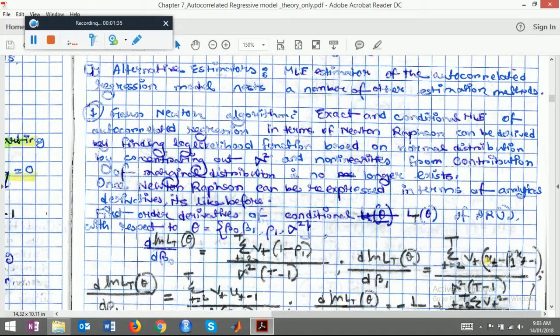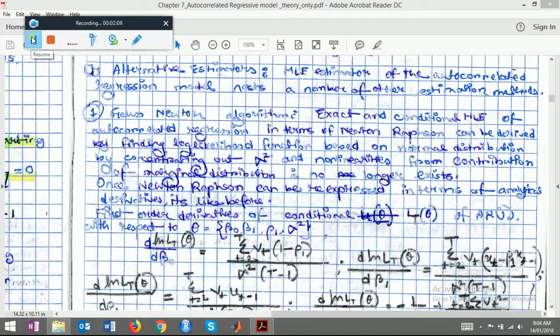By concentrating out sigma square, the variance, basically you concentrate out variance by imposing 1 or not. In the optimization you do not include variance calculation at all. And the non-linearities from the contribution of the marginal distribution no longer exist. So if we concentrate out the variance, the non-linearities of the marginal distribution will be completely removed.